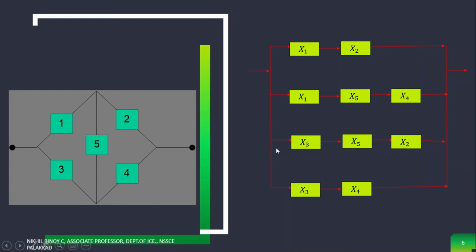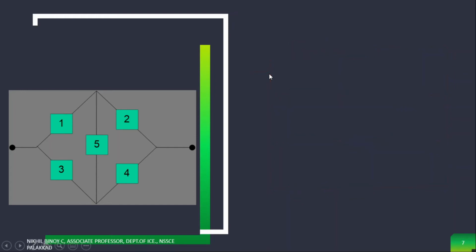The method is to find the parallel paths of this bridge configuration, and by using the parallel paths modify the reliability block diagram. So this is one method. The second method, indirectly we already discussed that. What are we finding? We are finding the probability of survival of the system.